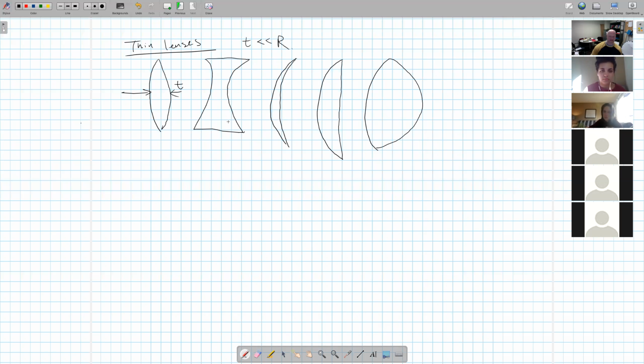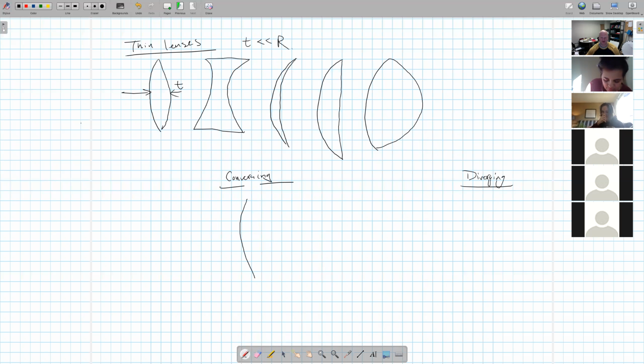So if I do that, basically most of these lenses come down to one of two types of lenses. So in general, we have either what's called the converging lens or what's called the diverging lens. So pretty much all lenses are going to be defined in terms of one of these two. So for converging lens, I'm simply going to draw this guy. Ooh, not like that. That was horrible. So we'll try that again.